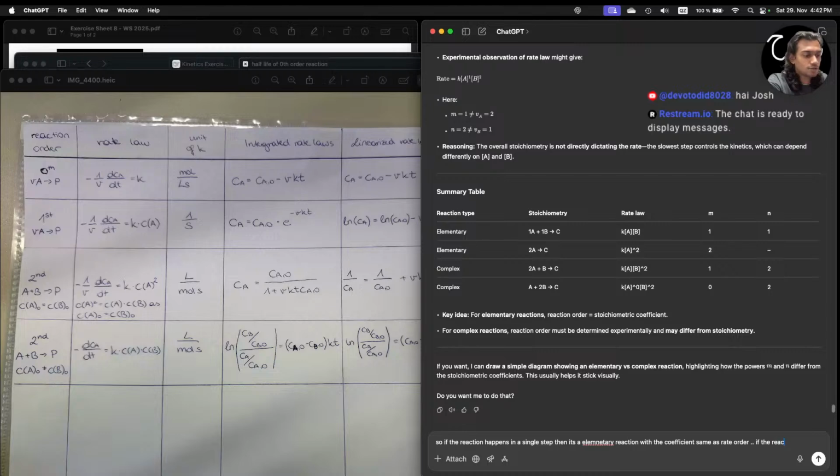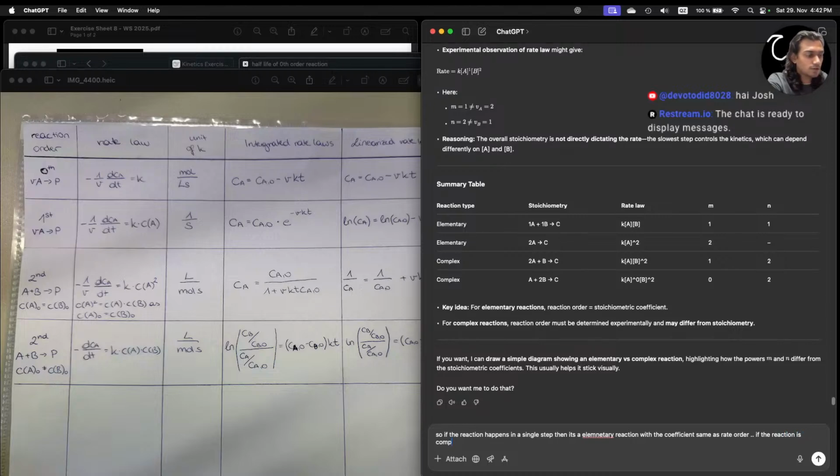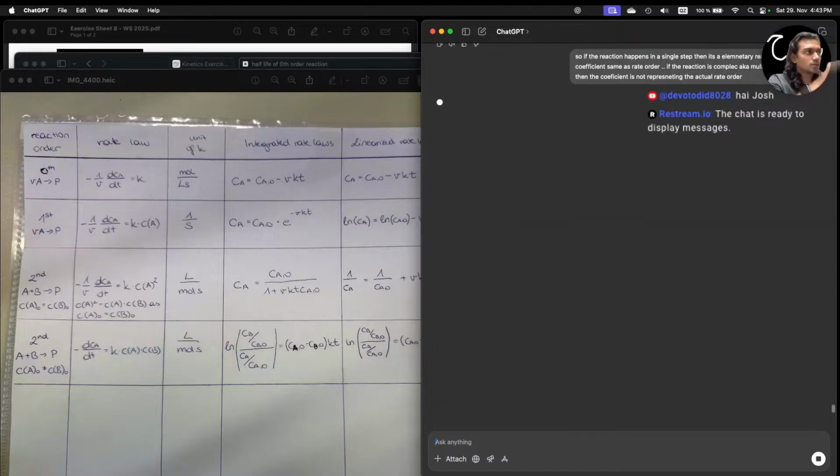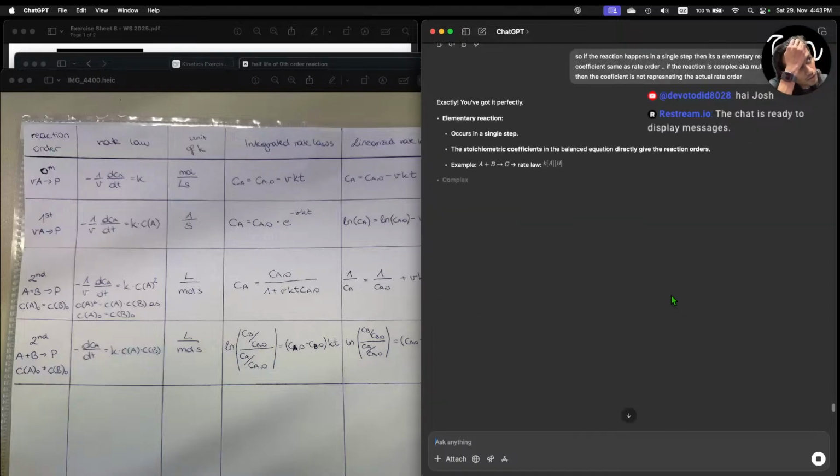If the reaction is complex, aka a multiple step reaction, then the coefficient is not representing the actual rate order. Exactly, you got it perfectly.